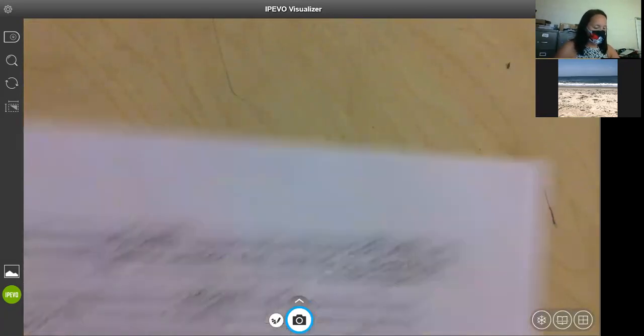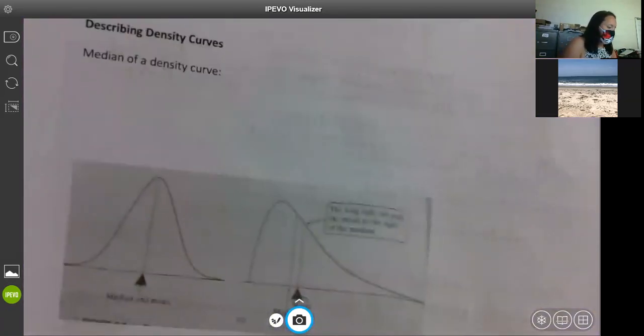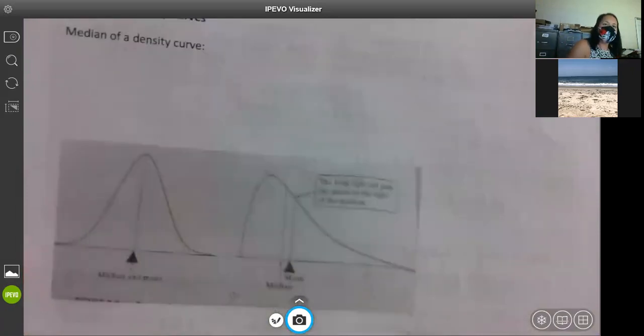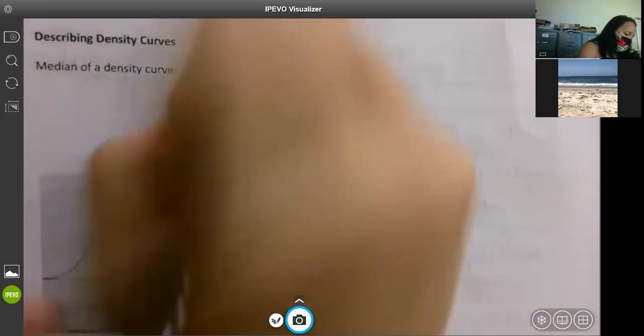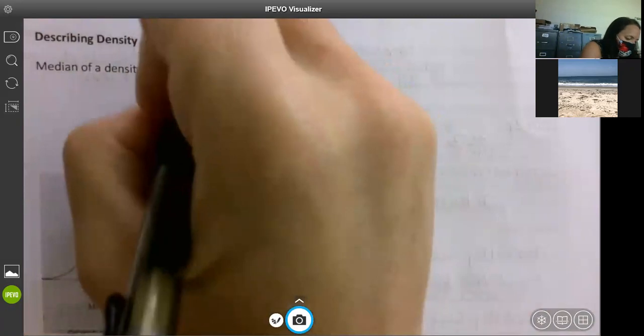Sorry, y'all, we got interrupted. I apologize. All right, density curves. The median of a density curve is the equal area point.